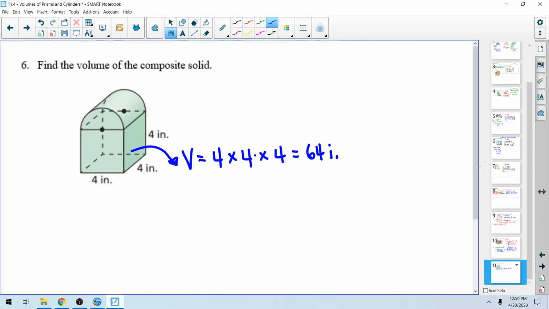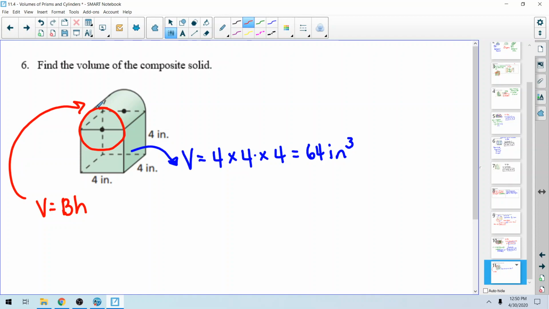64 inches cubed. This guy, kind of a cylinder, but half of a cylinder. So I say we find the volume of a cylinder, which is the area of the base times the height, and then we cut it in half. So the base on this guy is right here.